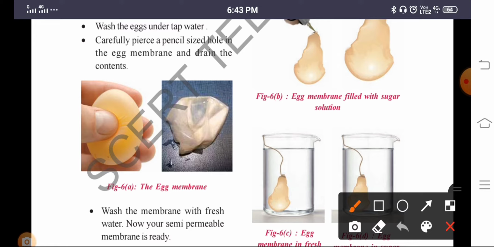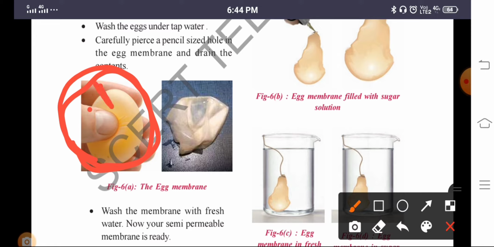So now, after removing the outer strong shell from the egg, take the remaining part and make a pencil-sized hole in it. Whatever content is present, mainly the egg yolk, which is yellow colored, you have to remove that part.